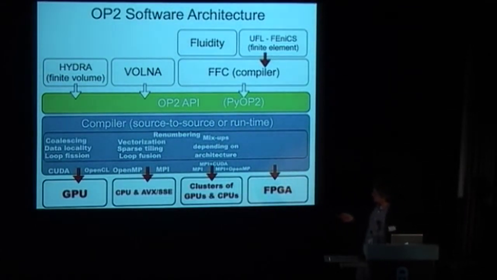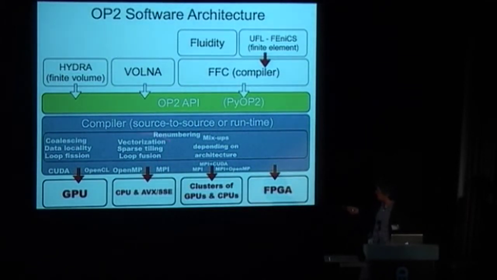On CPUs, let's say we do vectorization. We would like to do more than that. There is sparse tiling and other similar data locality improvement techniques, which might fall under the name communication-avoiding algorithms. And I also implemented some loop fusion, some static-based loop fusion.